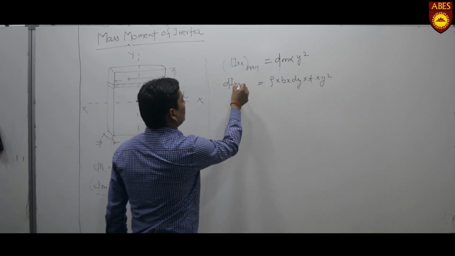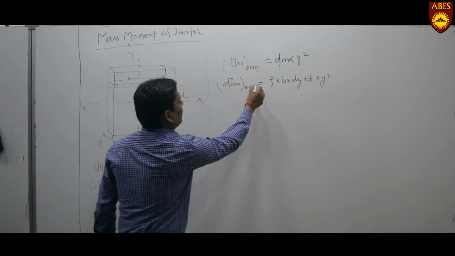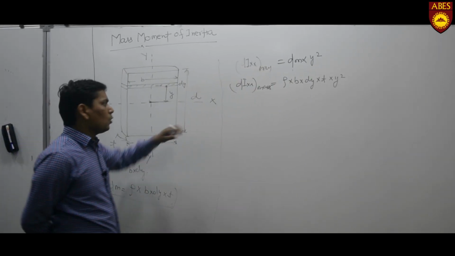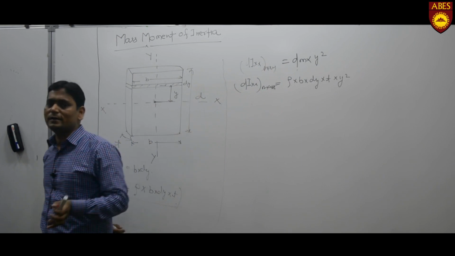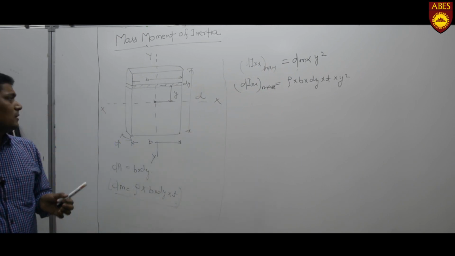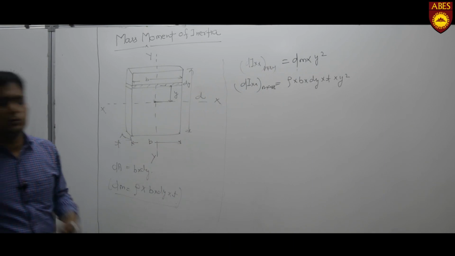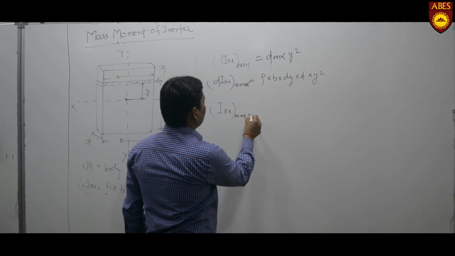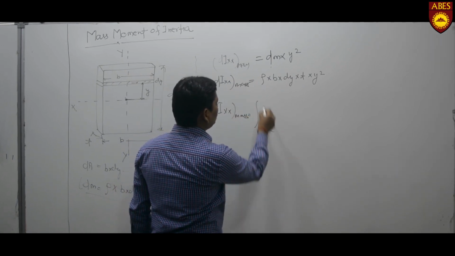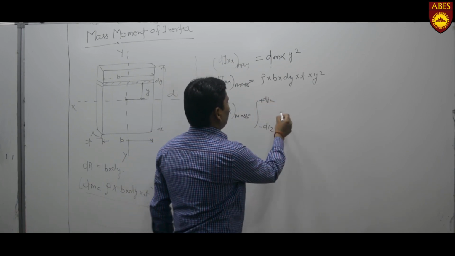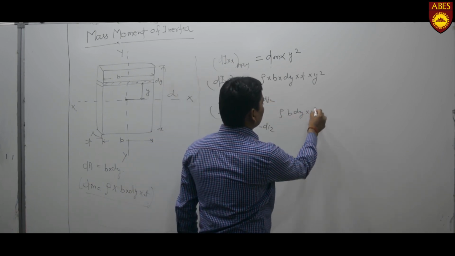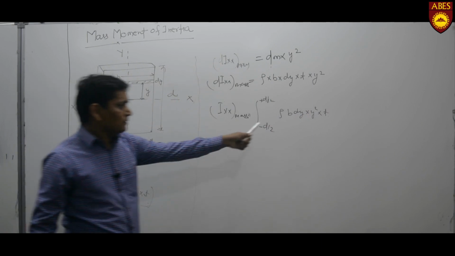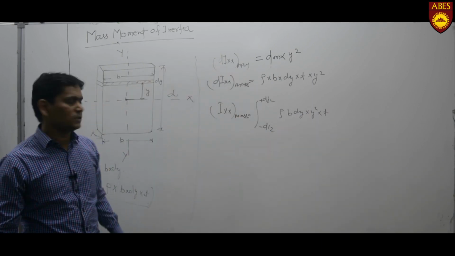This is the mass moment of inertia of the strip about the x axis. Next, we will consider the whole entire section about the x axis. The limit will be minus d by 2 to plus d by 2. Then we can write Ixx mass equal to integral with limit minus d by 2 to plus d by 2 of rho b dy into y square into t. Rho b into t is a constant in the above equation.